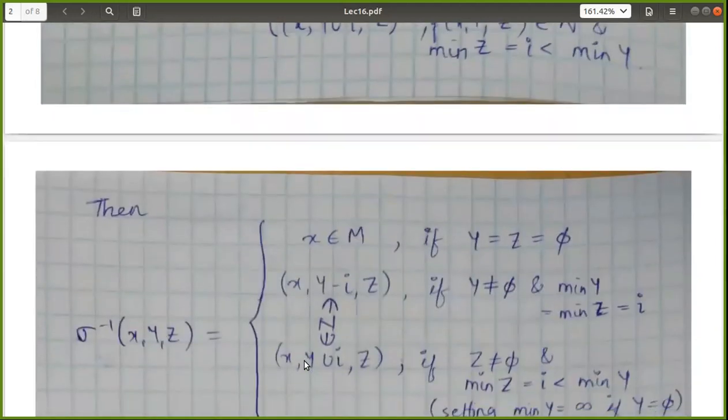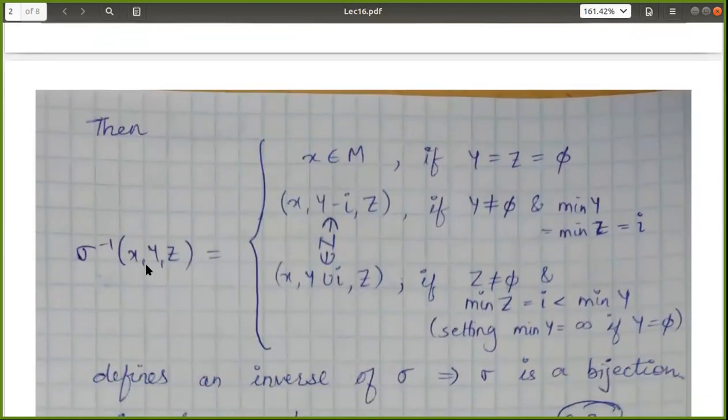Moreover, if you see this new function, which takes any triple x, y, z of n prime and sends it to x in M, if y and z are both empty, it sends it to the triple x, y minus I, comma z, if y was not empty and the min of y and min of z were same, and to the element x, y union I, comma z, if z was non-empty and the min of z was strictly smaller than min of y.